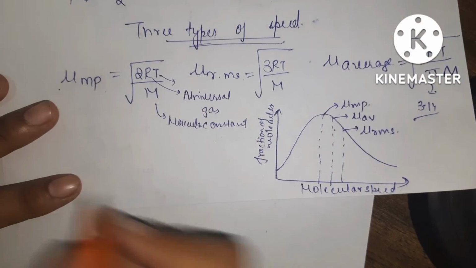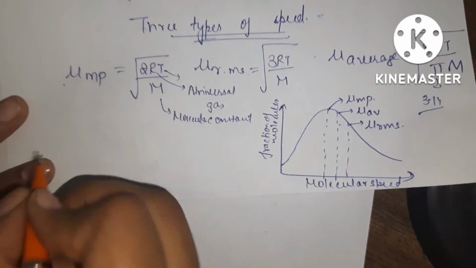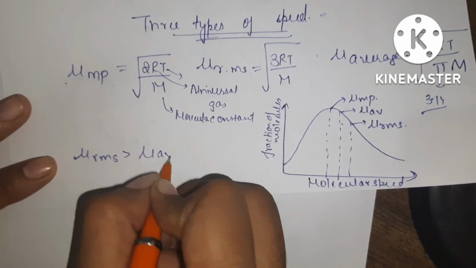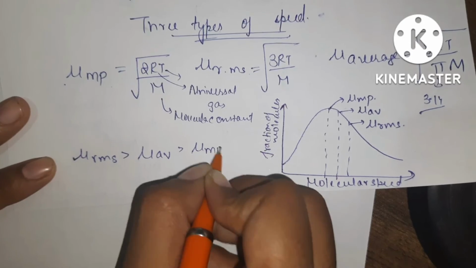URMS will always be greater than U average, which will always be greater than UMP.